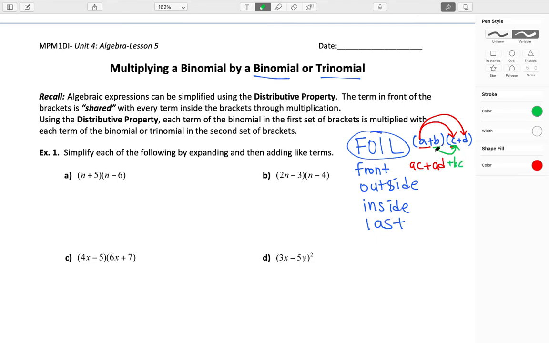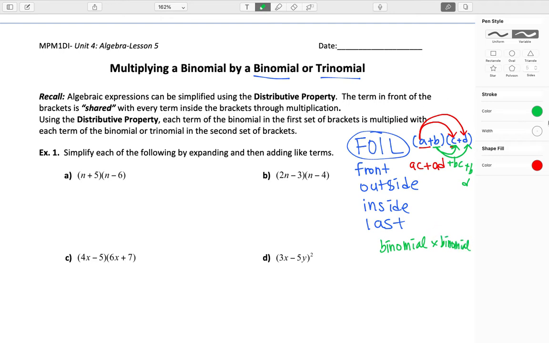And then last with last, plus BD. So do you notice that FOIL is only when you have a binomial, two terms, times a binomial.